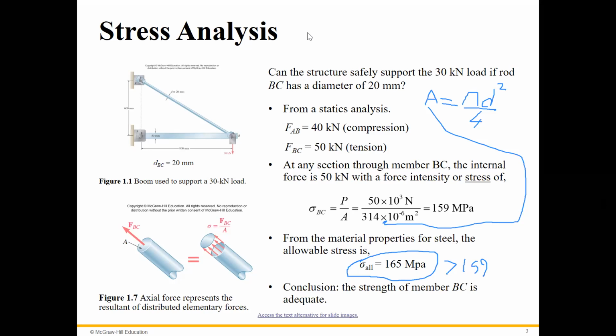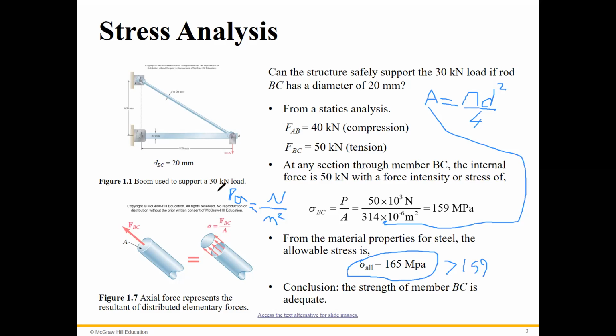This one is Newton for the force, and the area is meter squared. So Newton over meter squared is called Pascal. Megapascal means if we have a huge number, then we can divide it by 10 to the 6, and we can say that's megapascal, right?